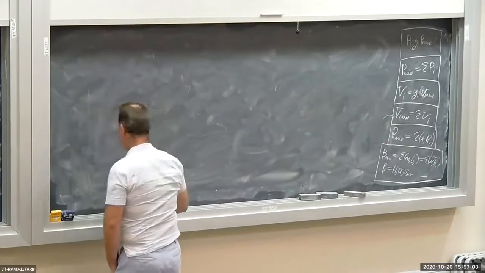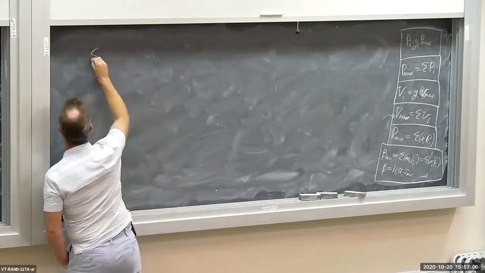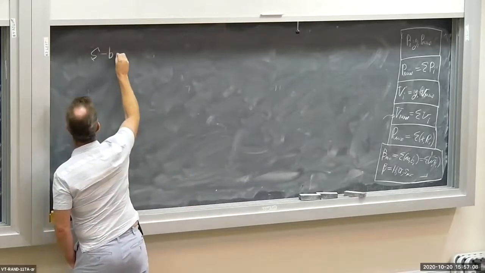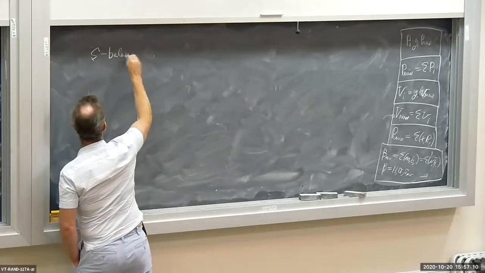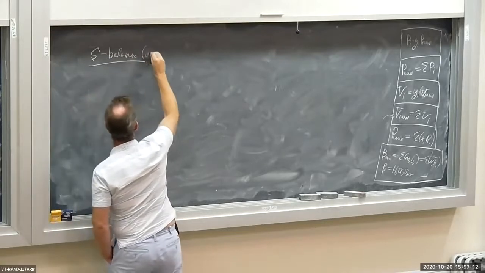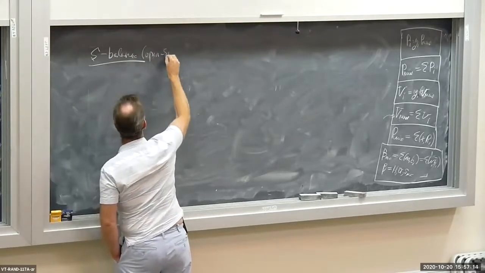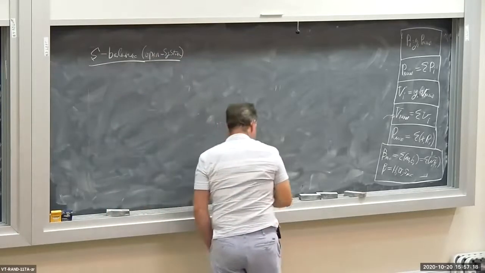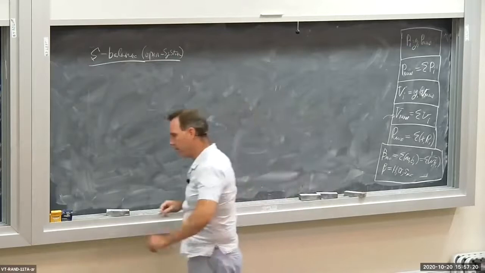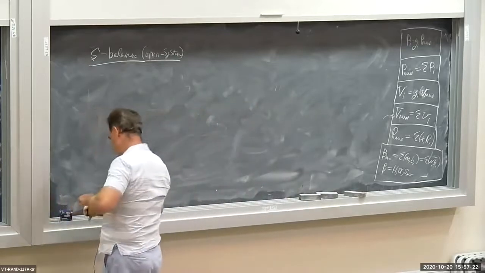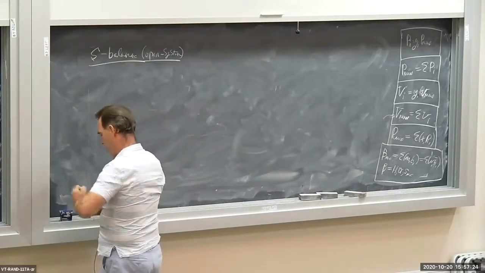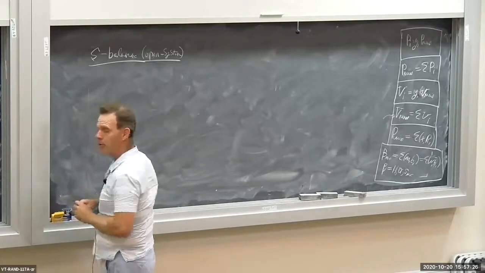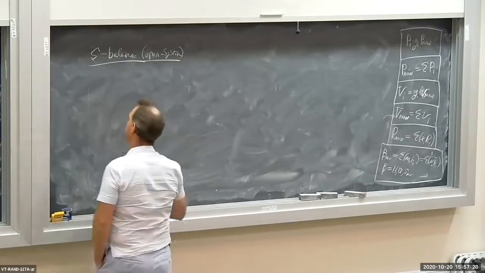So what about the S balance? This is for an open system. Running out of chalk here. So it looks just like the entropy balance for a single component system.